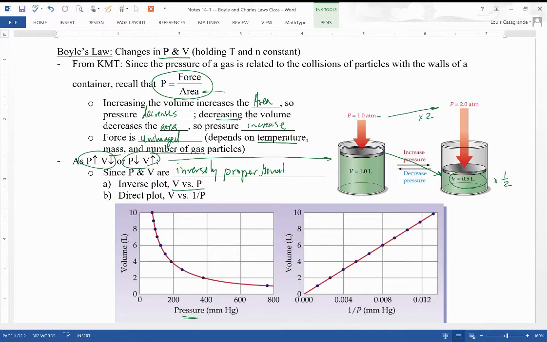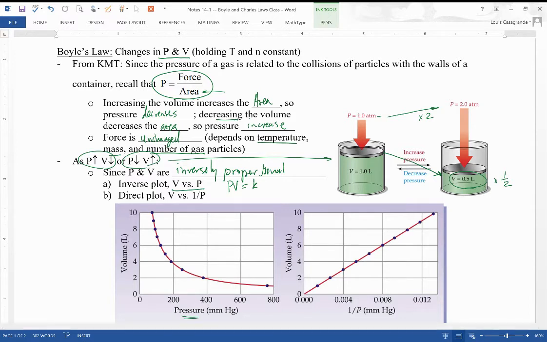Okay, so since pressure and volume are inversely proportional, it turns out that pressure times volume is equal to some constant K. I'm just going to call it K. It doesn't matter what the K is.